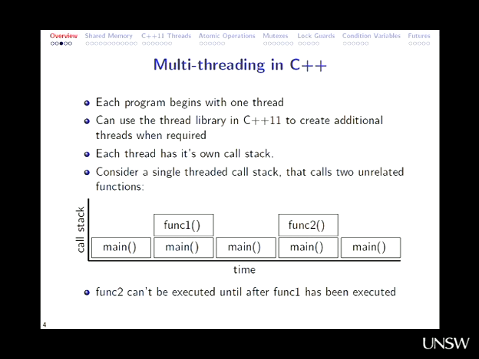Now, if this is running in series, we can't run function 1 and function 2 together. We have to run function 1 first, and function 2 has to wait for function 1 to return before it can be called and run. So our call stack might look like this. Main comes in, function 1 gets called, function 1 returns, control returns to main, function 2 then gets called, and returns to main.